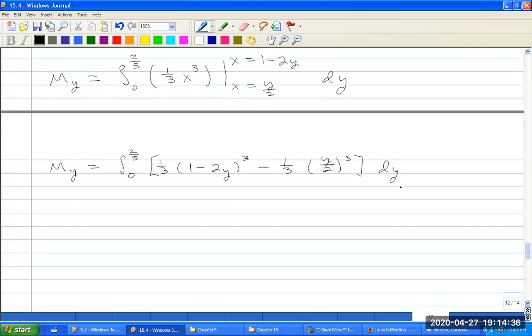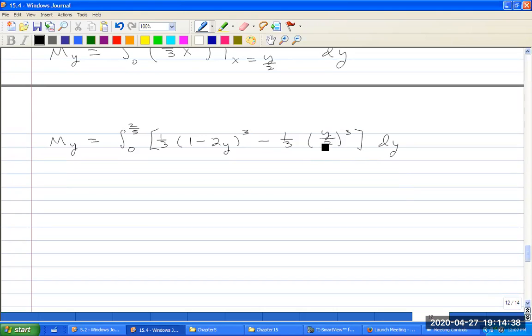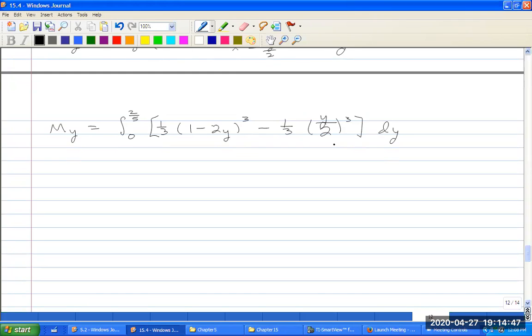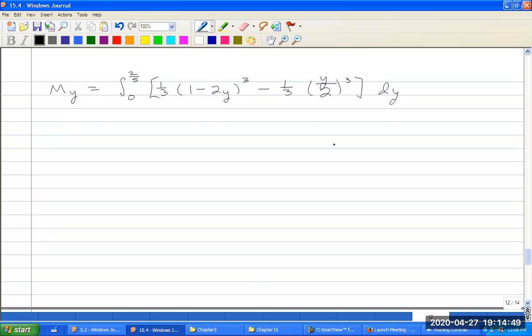Just plugging in your limits of integration. So this is equal to, cube this. So this is 1 times, okay, let's do the integral.